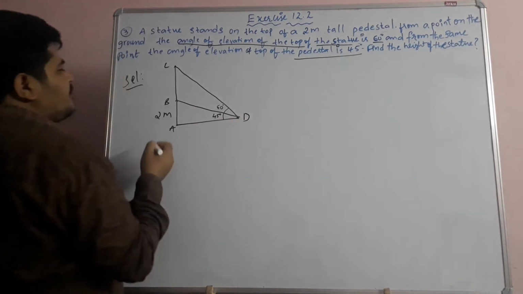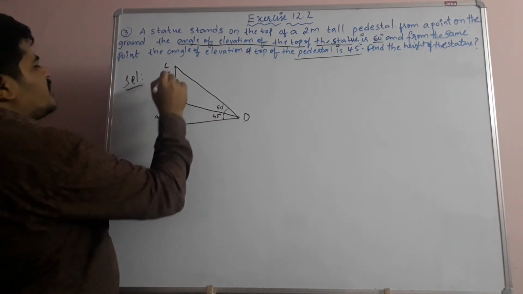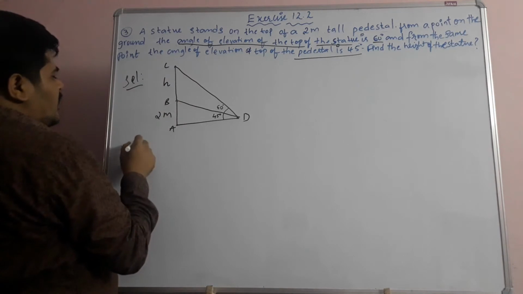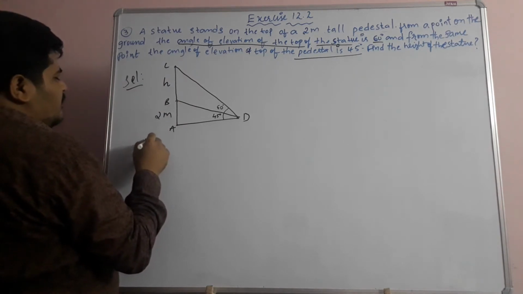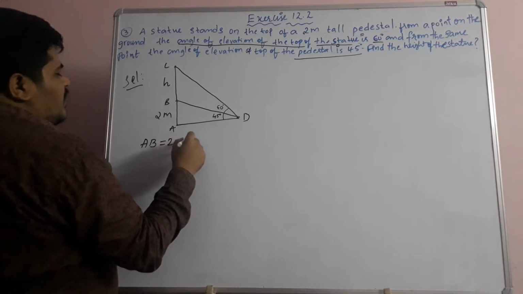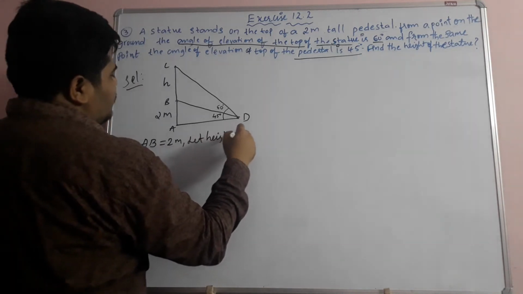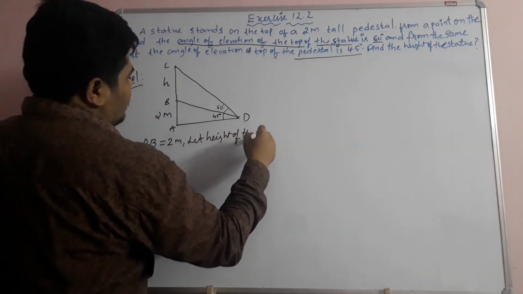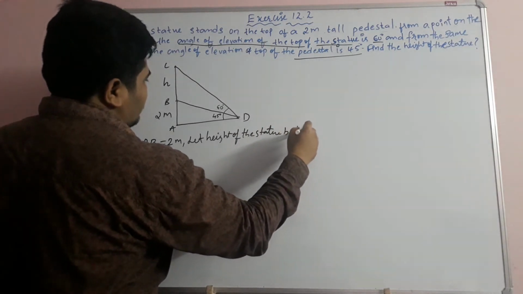Now children, we need to find the height of the statue, let it be h. Whatever data is given: AB, the height of the pedestal, is 2 meters, and let the height of the statue be h meters.